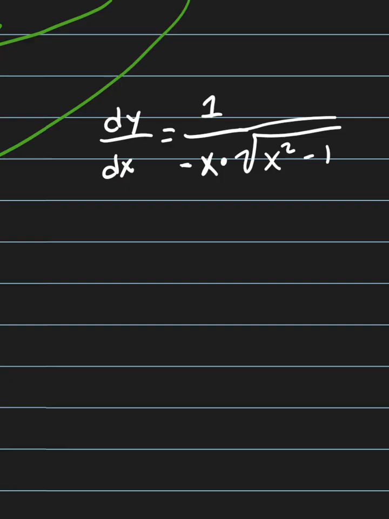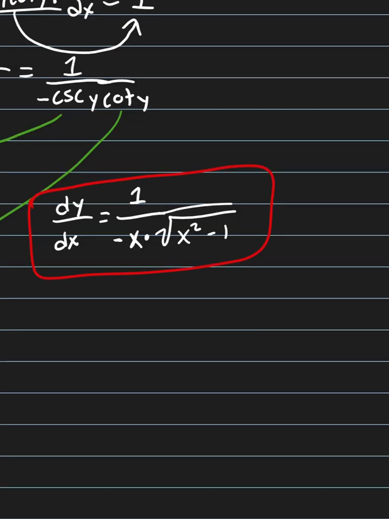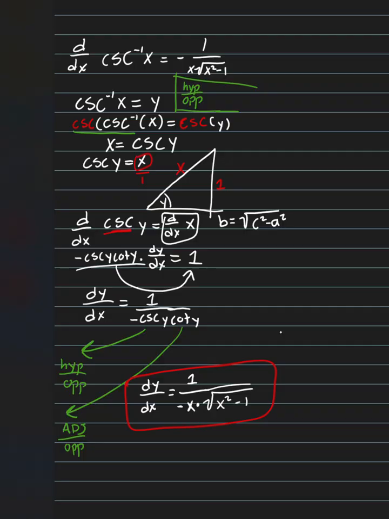Now would you look at that? This matches up perfectly with what we said up there. So we know for sure that the derivative of arccosecant x is in fact 1 over negative x times the square root of x squared minus 1.